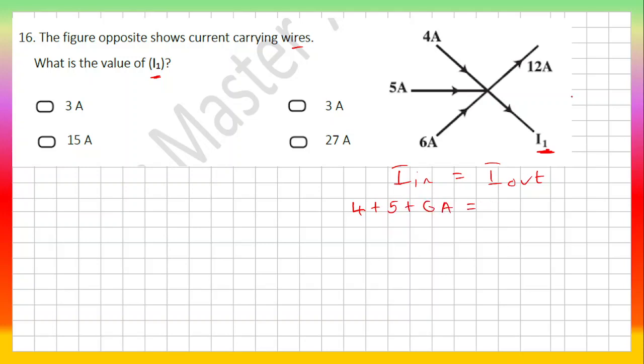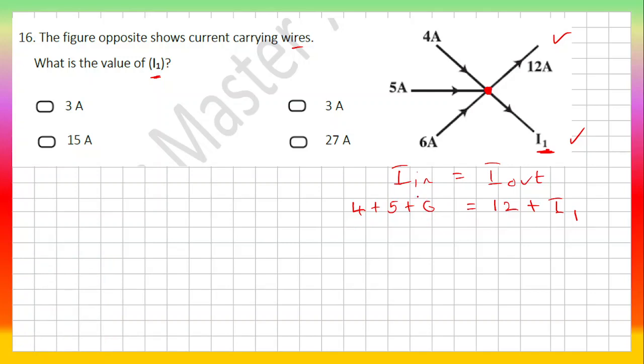Which currents are leaving? We only have 2 currents leaving. This is the junction, by the way, they're entering this junction and then leaving. So 12 is leaving plus I1, which we don't have, is also leaving.